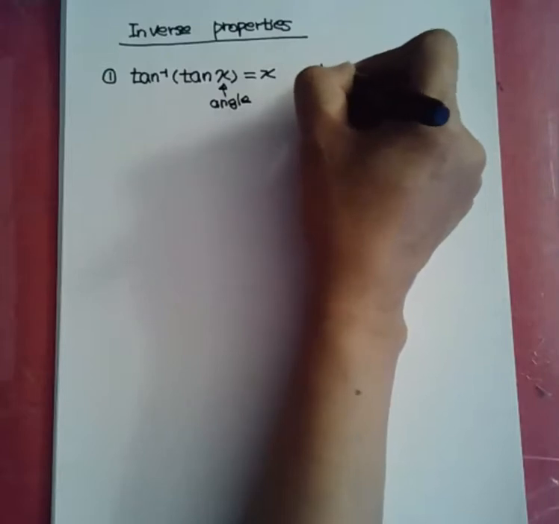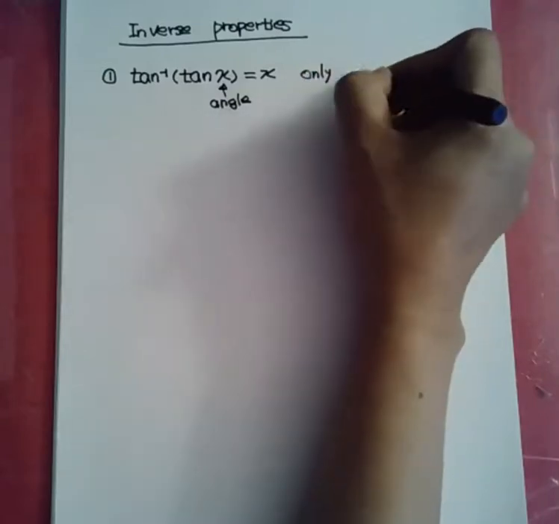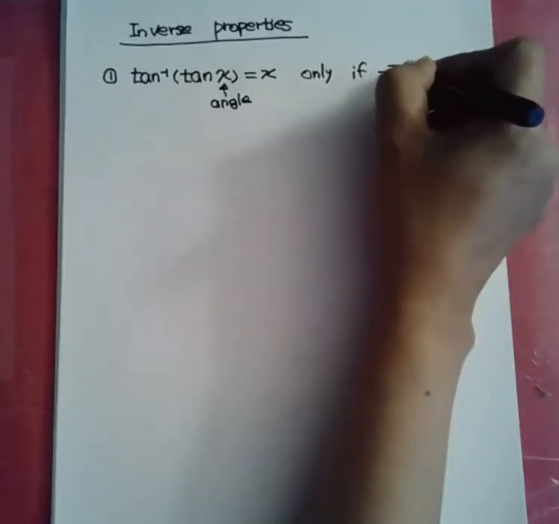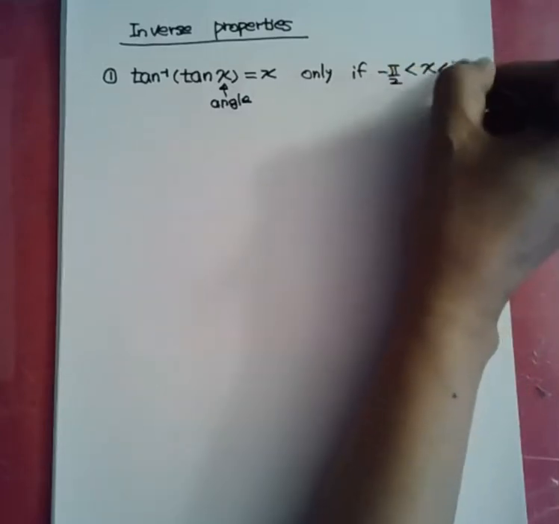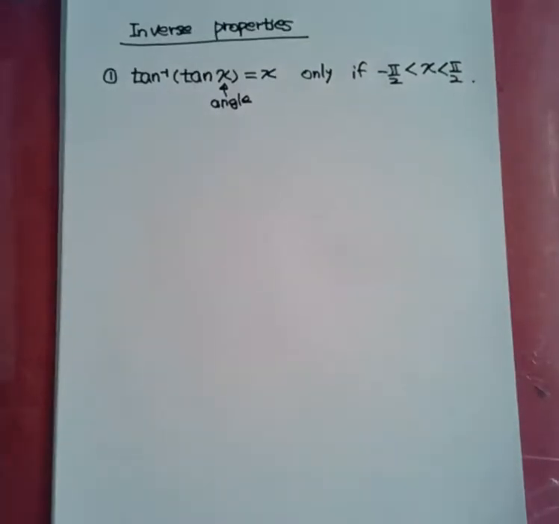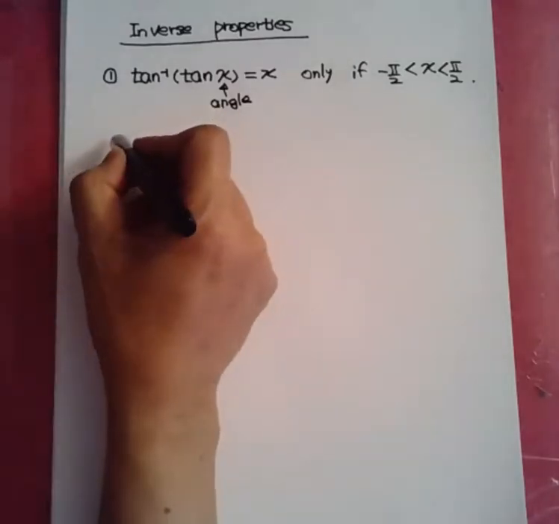So there is a condition only if x is between minus pi over 2 and pi over 2. Otherwise, we have to rearrange the angle so that both will have the same tangent function value, but the angle is in the range of minus pi over 2 and pi over 2.